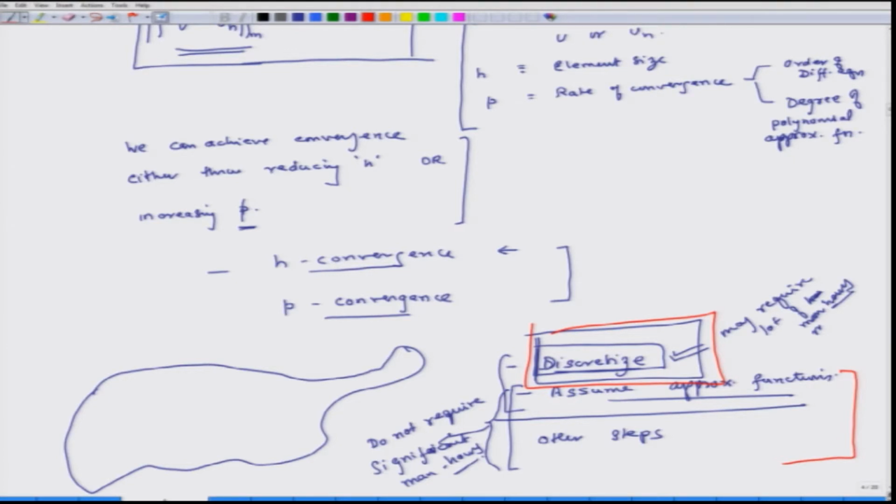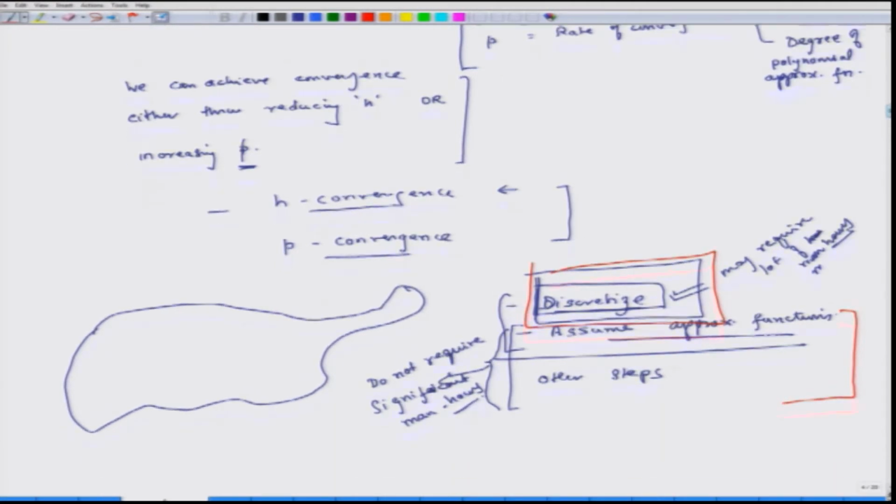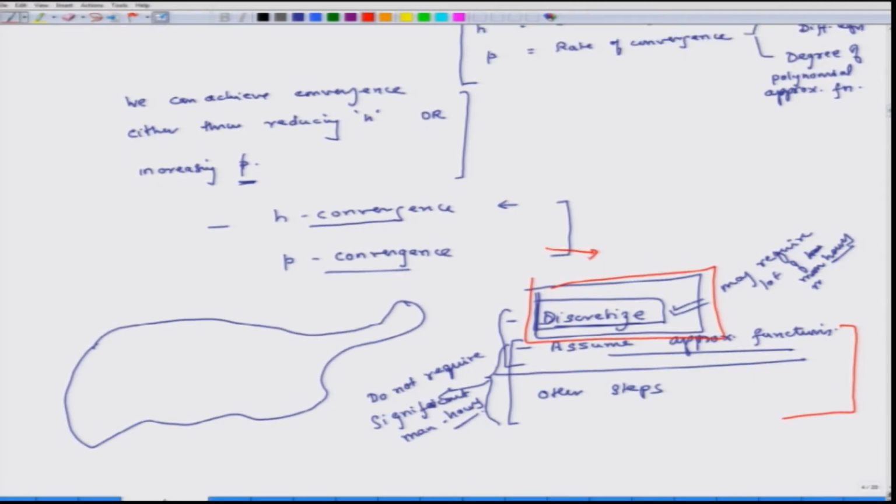For the same reason, the P convergence approach can be automated, because once you have a mesh, all you have to do is keep on increasing the order. But in H convergence, human intervention is required repeatedly. So that is why P convergence sometimes may be faster.